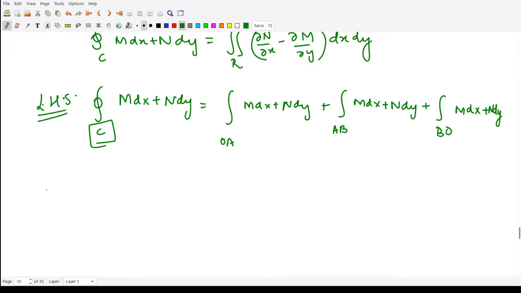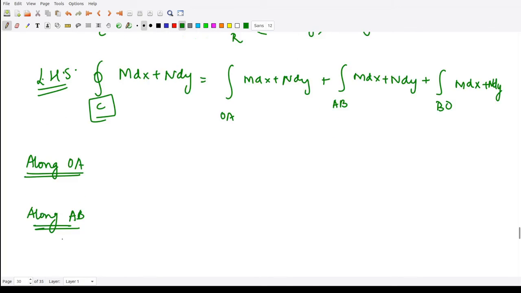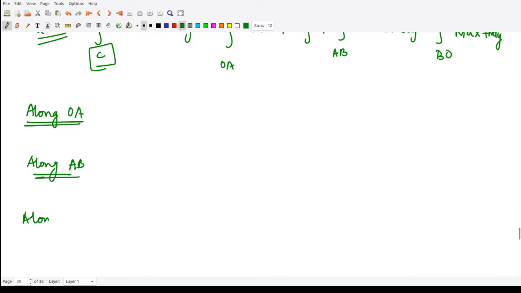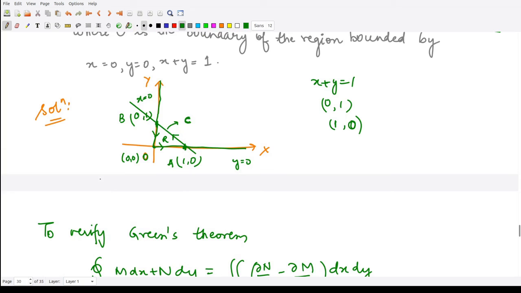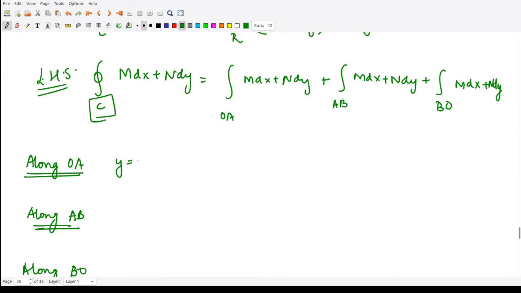So we'll first solve this much portion. First of all, let's rectify what are our regions. Along OA, what do we have? Along AB, what do we have? And along BO, what do we have? Along OA, you have 2 points (0, 0) and (1, 0). What is the equation of this line? The equation of this line is y is equal to 0.